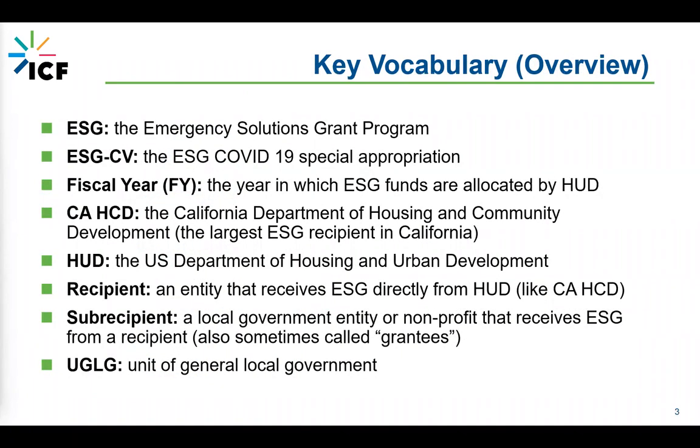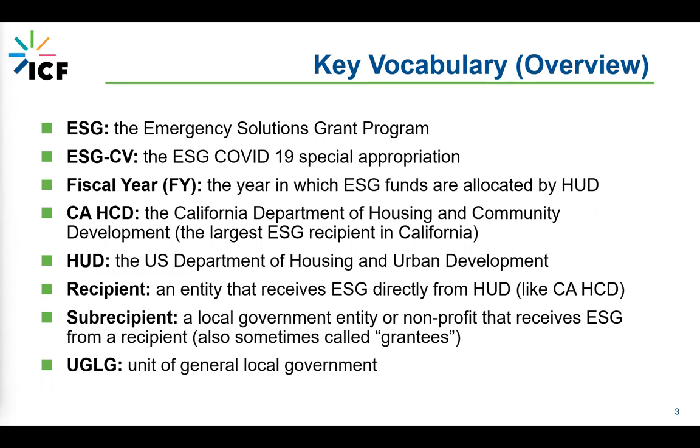So first, let's review some key terms. ESG, of course, stands for the Emergency Solutions Grant Program. ESG-CV is the ESG COVID-19 Special Appropriation. Fiscal year is the year in which ESG funds are allocated by HUD. California, or CAHCD, is the California Department of Housing and Community Development, the largest ESG recipient in California.